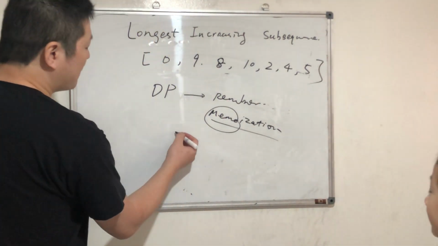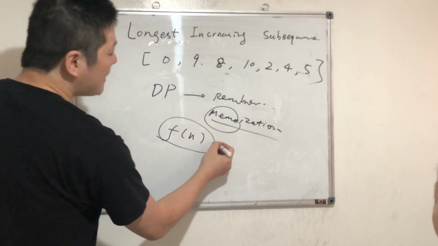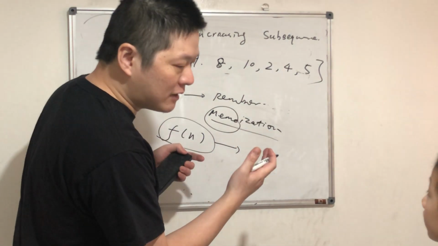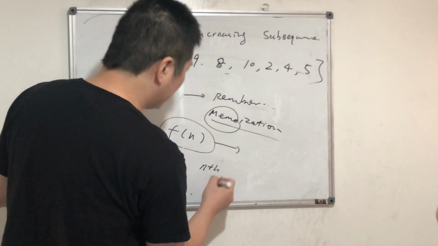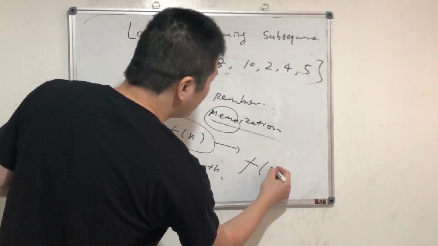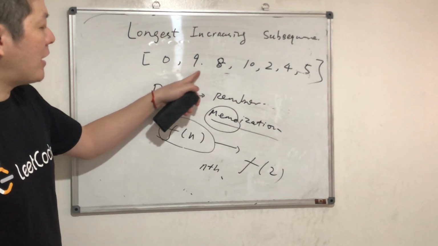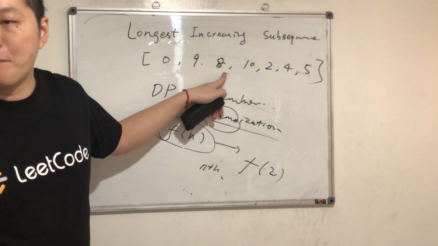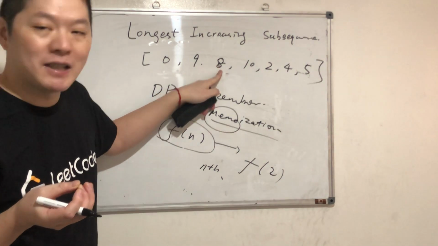How about if I tell you that Fn, which we studied, is the longest increasing subsequence ending at the nth number. So what does F2 mean? F2 means the longest increasing subsequence where the last number is 8.